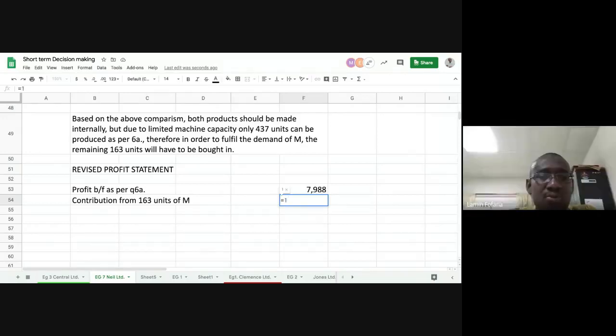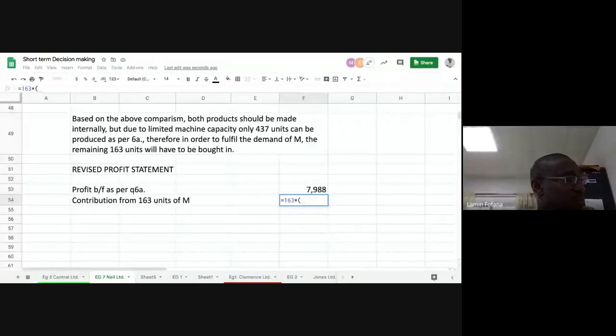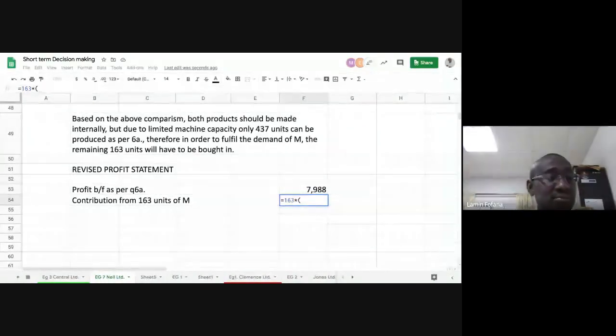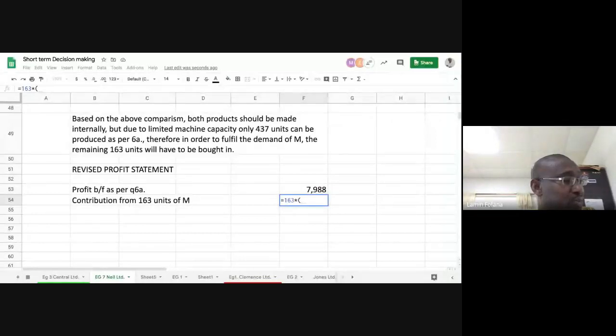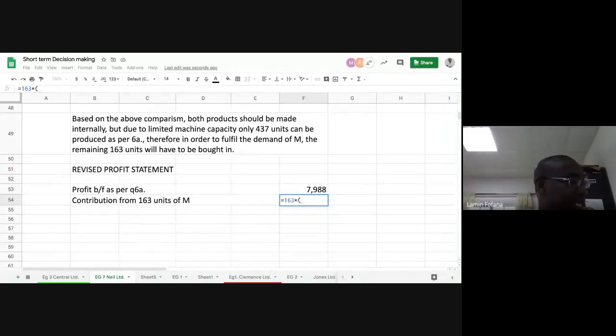Okay, 163 multiplied by, we are talking about contribution. So it's 163 units multiplied by the contribution per unit for the 163. What's the contribution per unit for the buying? The contribution per unit for the buying will be the selling price, which will remain the same, and then the purchase cost.